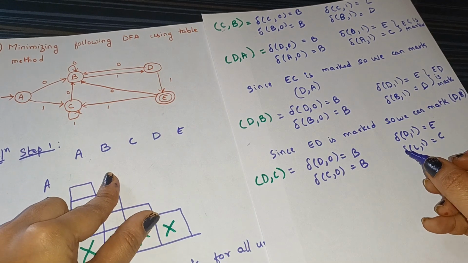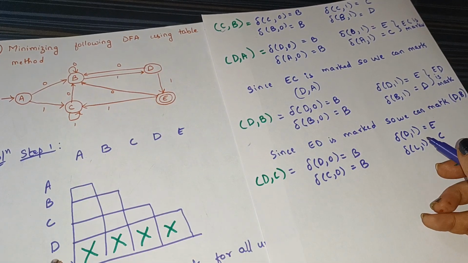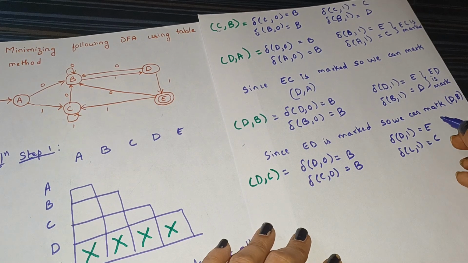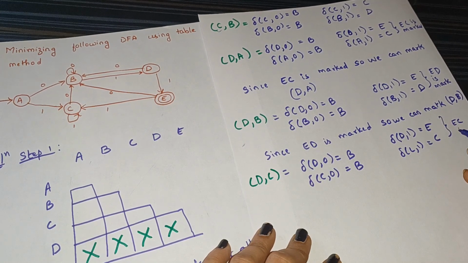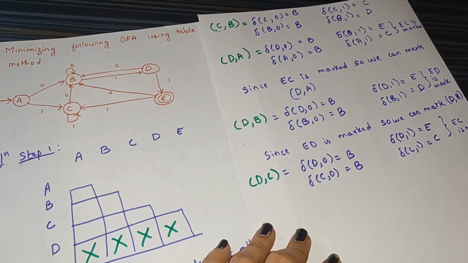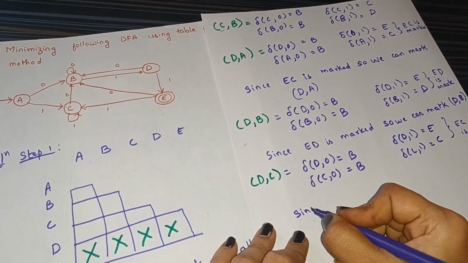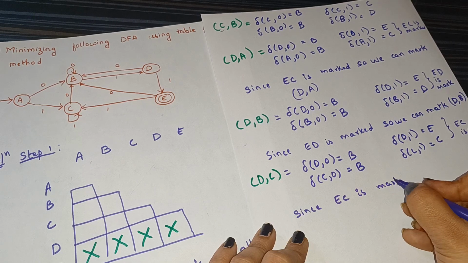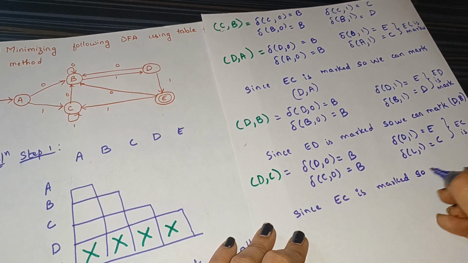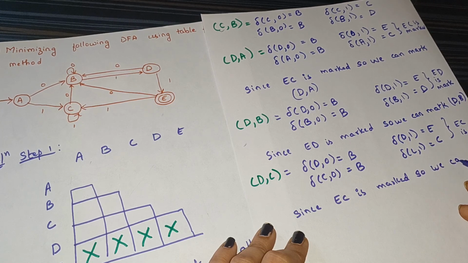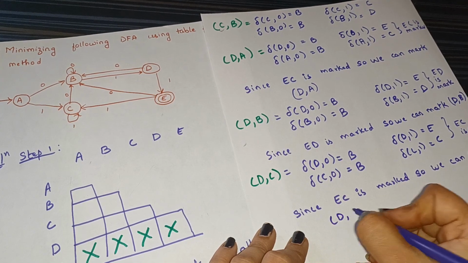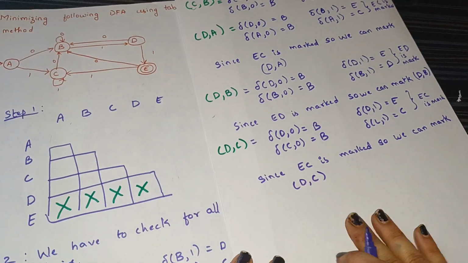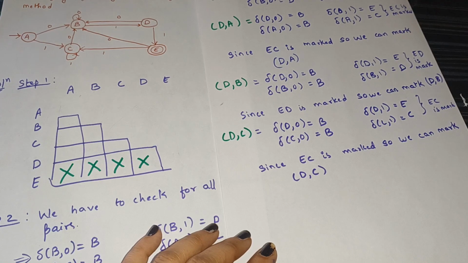BB is not marked, we know. Since EC is marked, so we can mark DC.